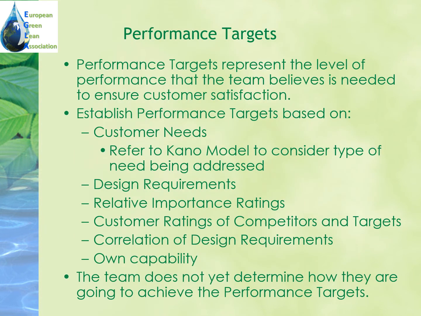Performance targets represent the level of performance that the team believes is needed to ensure customer satisfaction. This is really what needs to be done to meet the requirements, especially if they are critical to the customer. They are based on customer needs.